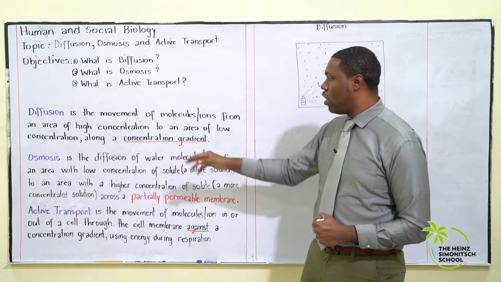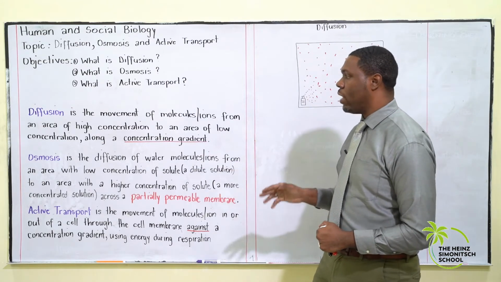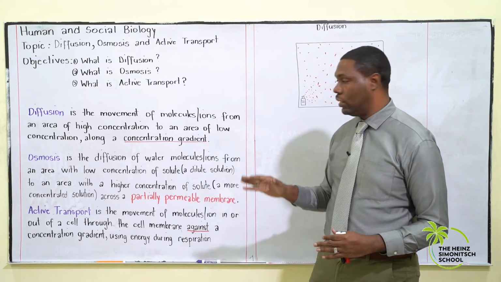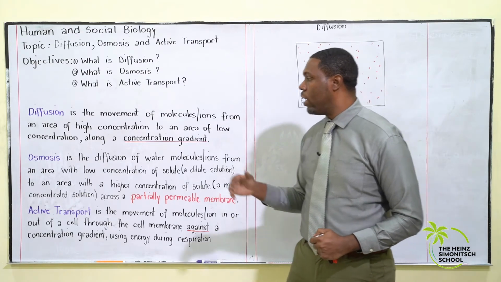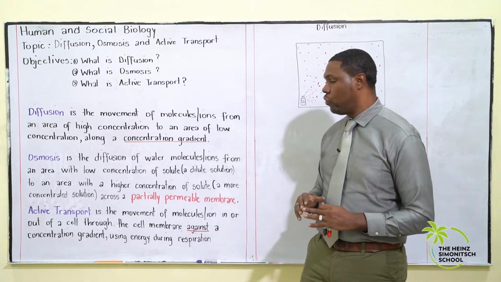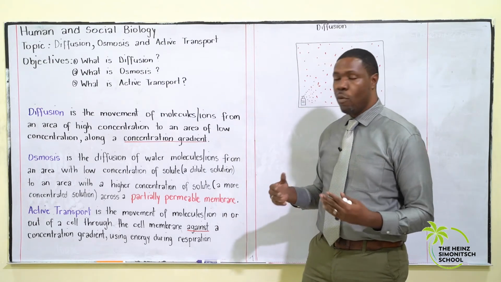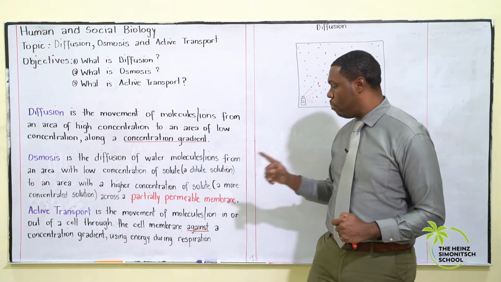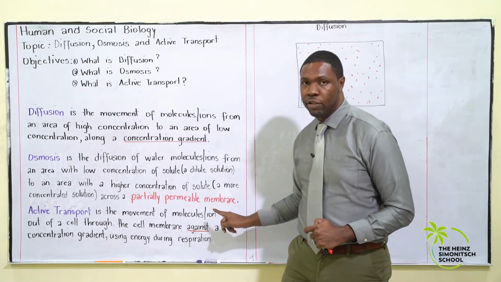Osmosis is the diffusion of water molecules from an area with low concentration of solute, which is the dilute solution, to an area with a high concentration of solute, a more concentrated solution, across a partially permeable membrane.